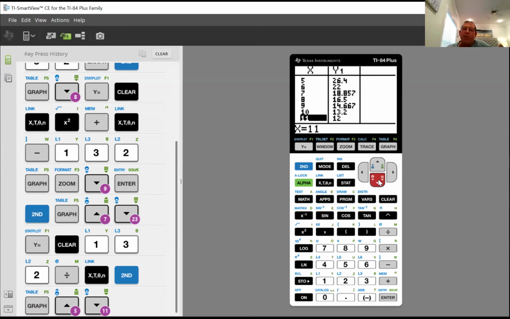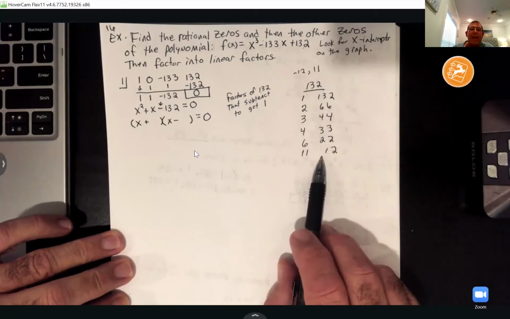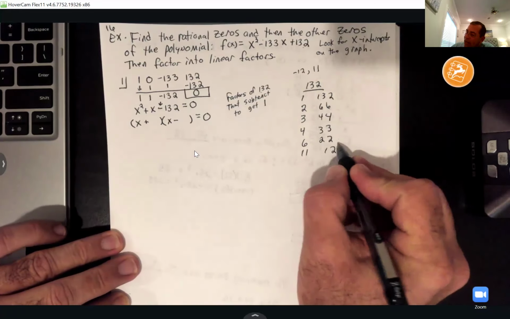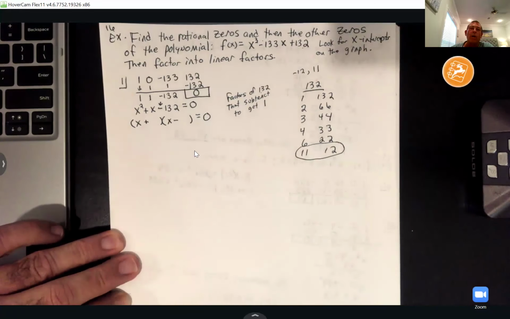And then since 11 and 12 are near each other, that's all the factors. So if you want to get factors of a number, you just take that number and divide by x. So all these are my factors. The only ones that subtract and get a 1 are 12 and 11.